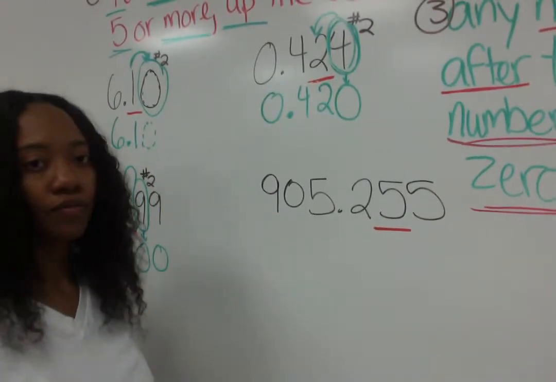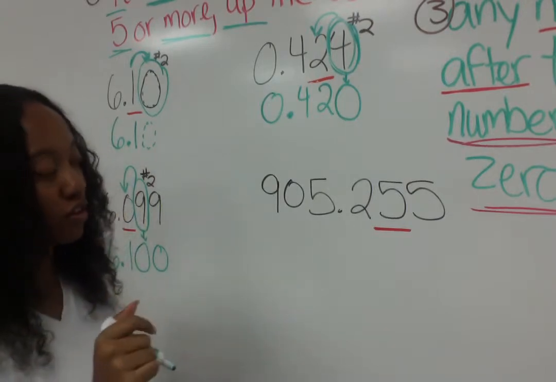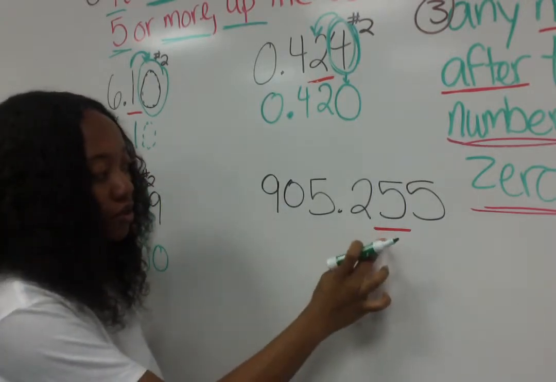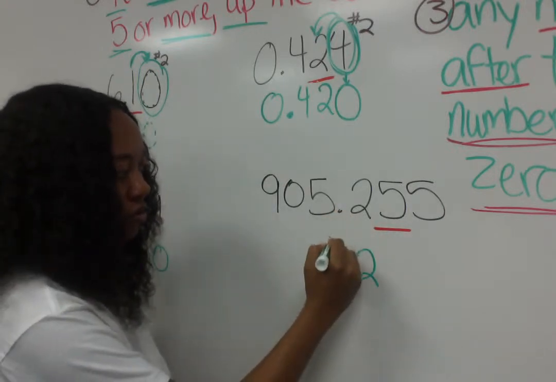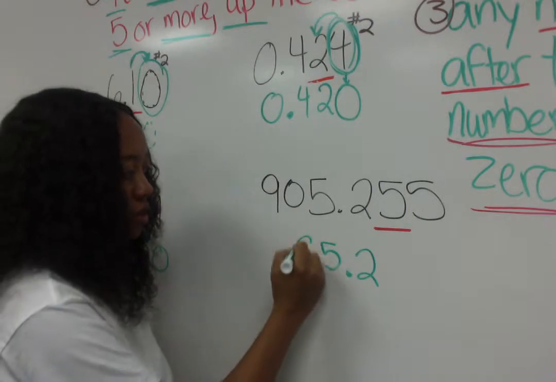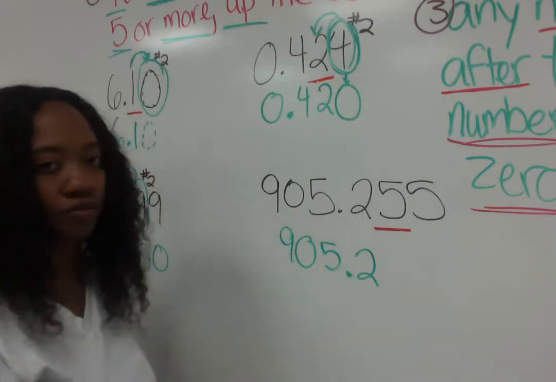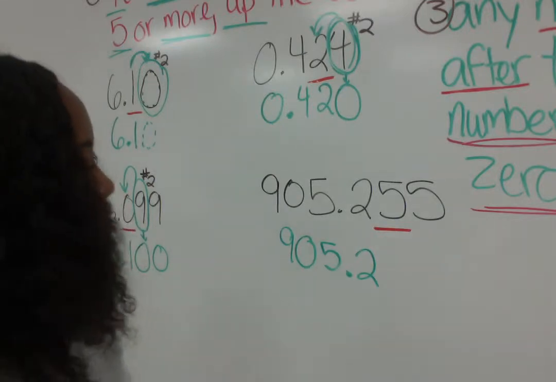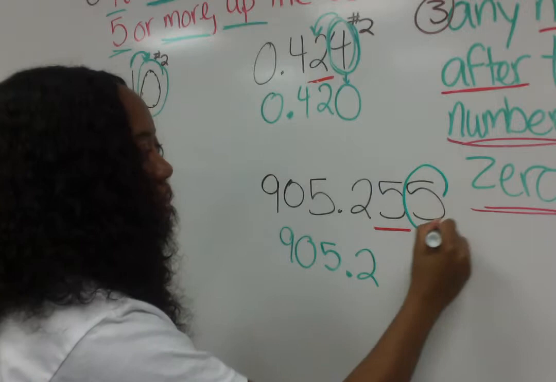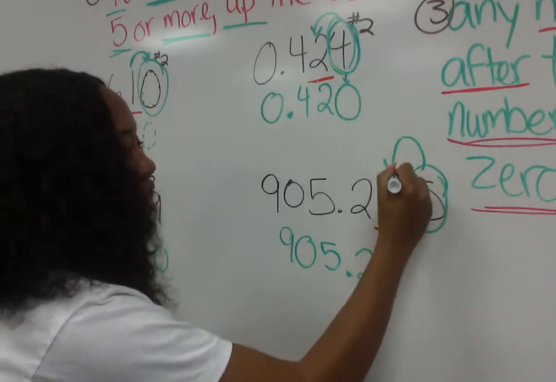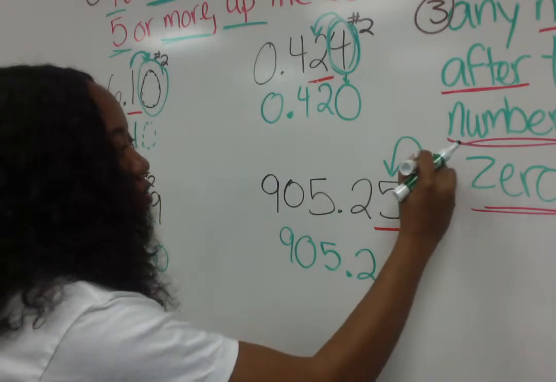Rule number 1, any number before, I almost said after, before the underlined number you keep. Okay, here's the underline. Keep the 2, keep the decimal, keep the 5, keep the 0, keep the 9. Sliding down, I'm going to circle this 5, figure out what happens to my underlined number, and use rule number 2.